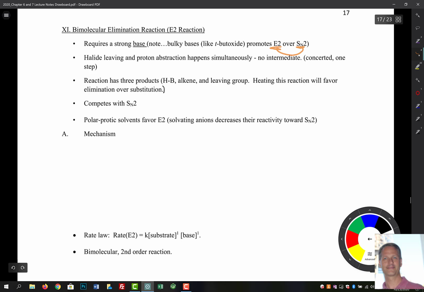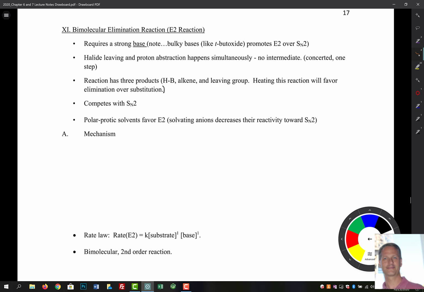It turns out that E2 and SN2 end up competing with each other. During the course of this mechanism, the leaving group and the proton that's taken off leave simultaneously, so we sometimes say this is a concerted reaction. It's one step.